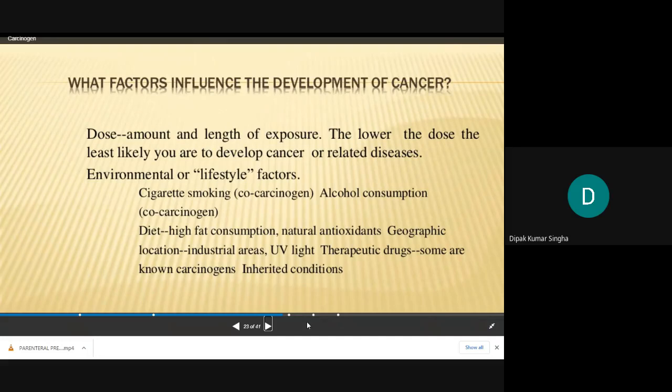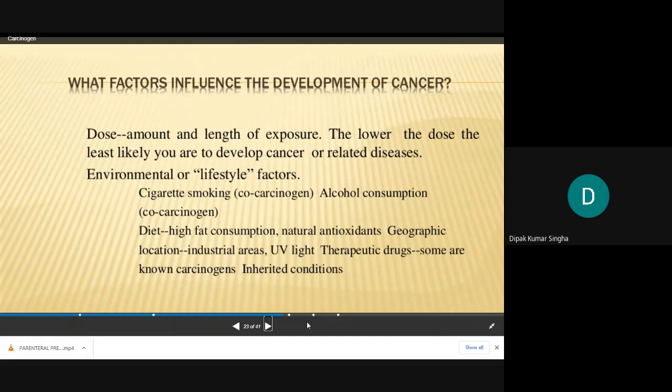But for a long-term or chain smoker, there is a chance. Co-carcinogens, alcohol consumption, and diet also matter: high-fat diets, natural antioxidants, and geographical location such as industrial areas. Also some foods, like Amanita mushroom-like foods, which are very delicious but can cause cancer.